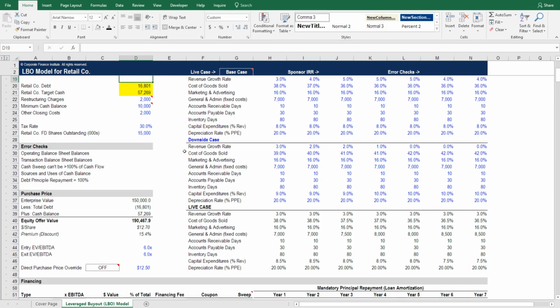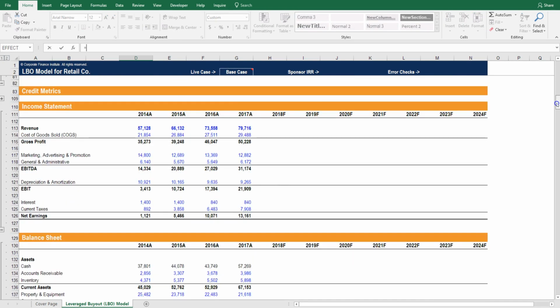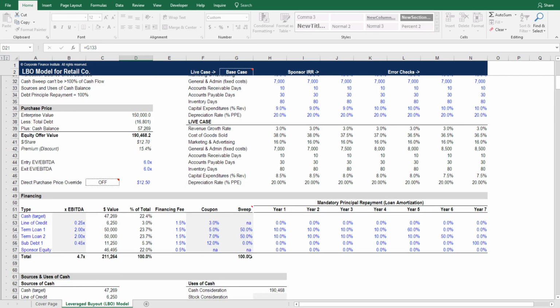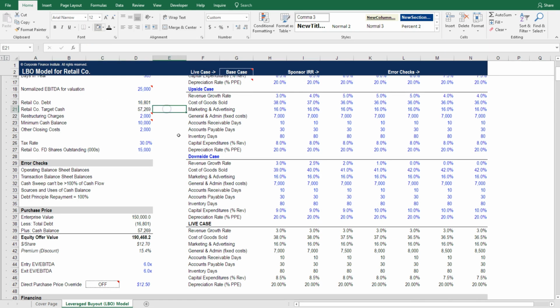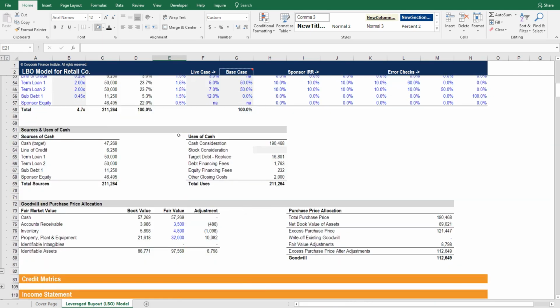So we've done that. And then let's link the cash to the balance sheet as well. That way there's only one place we have to make changes and everything will flow through. And then we can unhighlight those and leave them as black since they're formulas. So now the assumptions section is 100% complete.